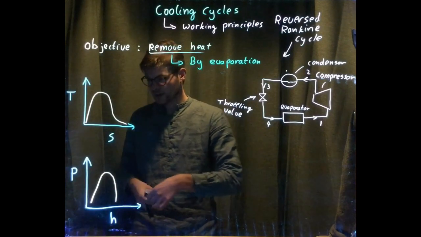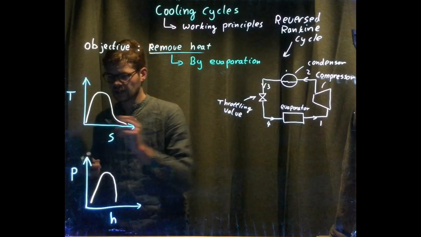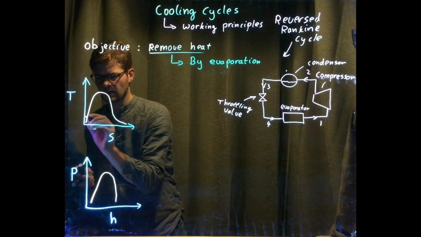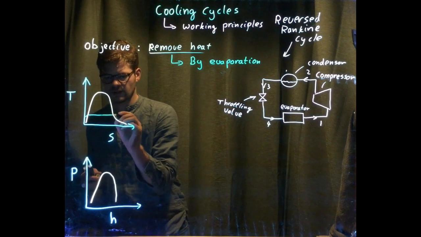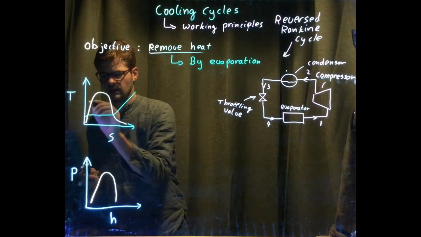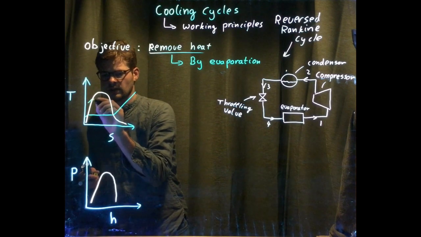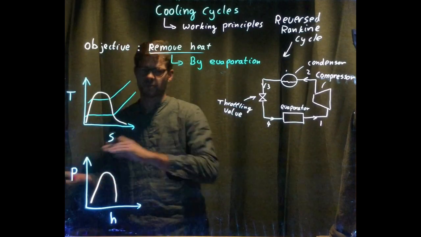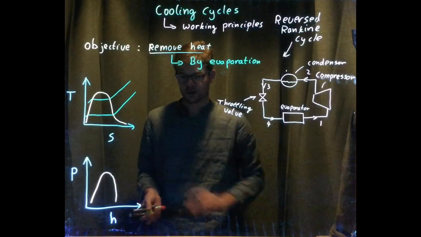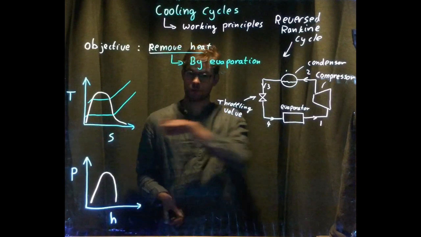And I'll draw my isobars as well. Let's assume there's one isobar over here, which looks like this and goes up there, and there's one isobar over here, which goes like this. And of course it doesn't make any sense to draw the isobars in a pH diagram, since these will be straight lines.